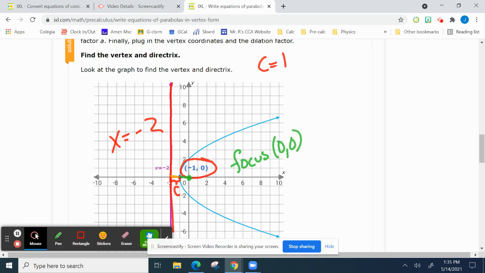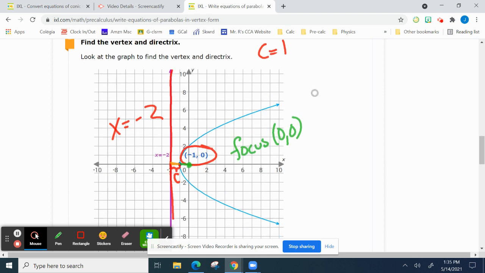But let's go back to our equation. It opens to the right, and remember, right and left have the x over here and the y over here, right? So what else do we know? The vertex is h comma k, right?